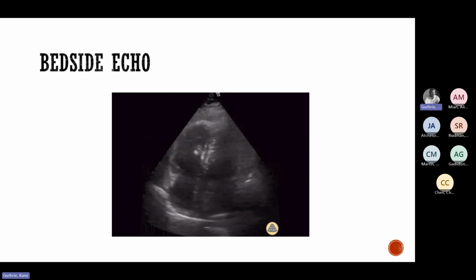If anyone has looked at or studied echoes, your right ventricle is normally a lot smaller than your left ventricle. Your left ventricle is your ejection fraction that goes out. His right ventricle's much bigger, so he's got right ventricular strain.